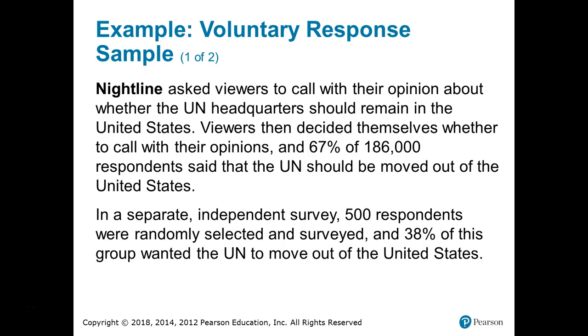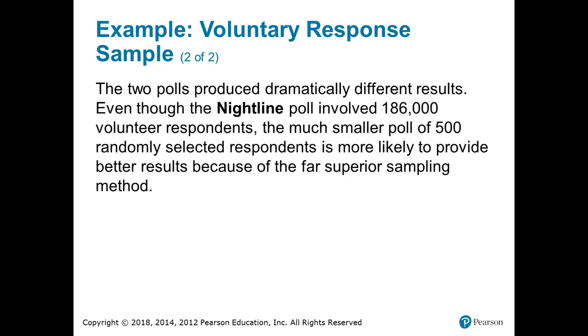A separate study, completely independent of the Nightline call-in poll, said that out of 500 respondents, 38% of the group wanted the UN to move out of the US. So those are drastically different results. So which one is reliable? Well, even though the Nightline poll involved many more people, these people were volunteer respondents.